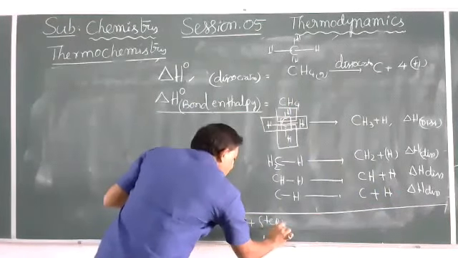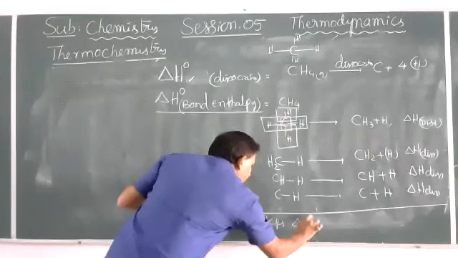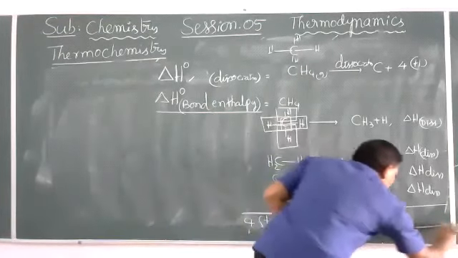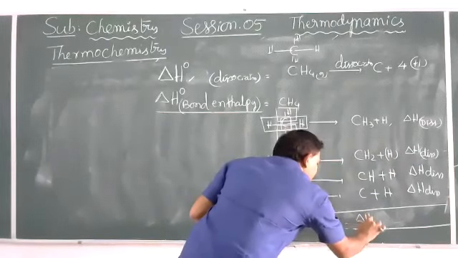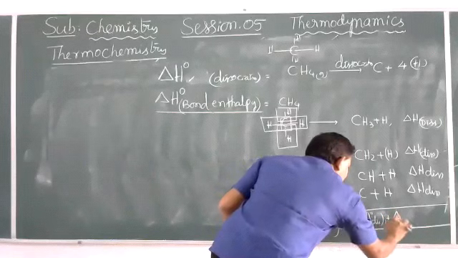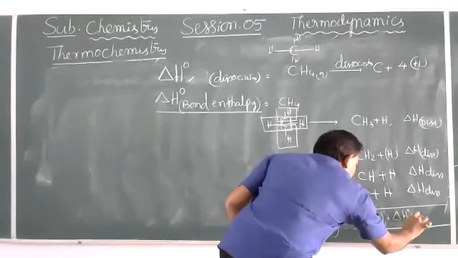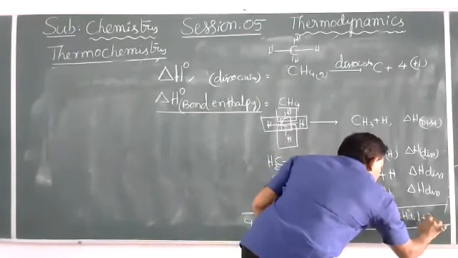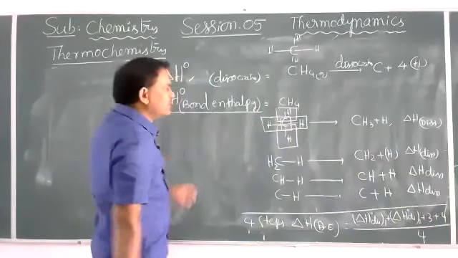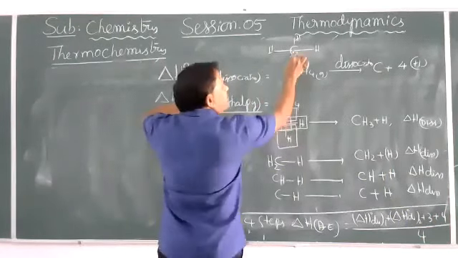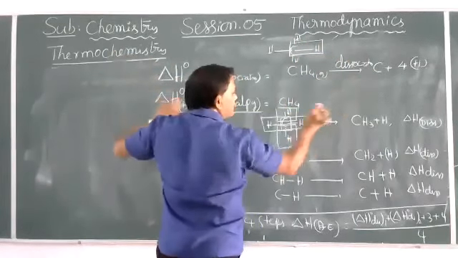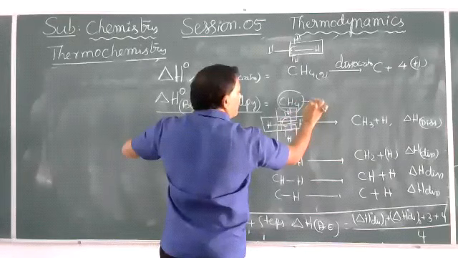So by using this, bond enthalpy is the average of the dissociation energies of each and every step: bond dissociation energy in the first step plus second, third and fourth step, divided by 4. So the dissociation is the amount of energy to break a single covalent bond. That's all. Clear?